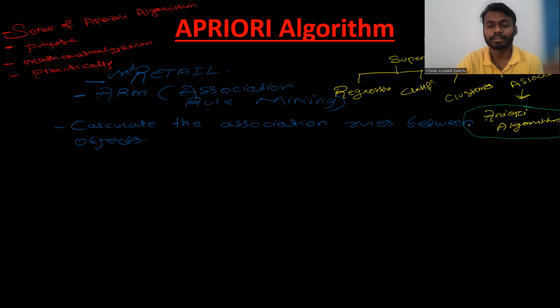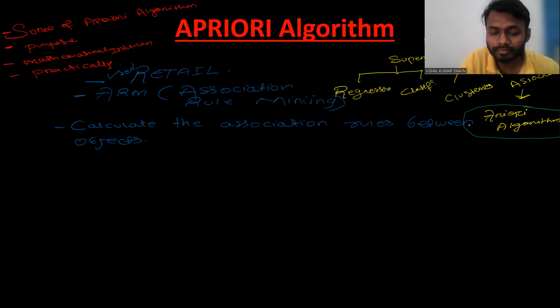Here it means how two or more objects are related to one another. I'm giving the example of chips and chocolate. Assume how the chocolate is related to the chips, or how the chips are related to the chocolate.